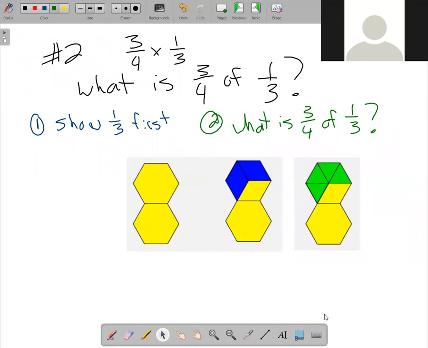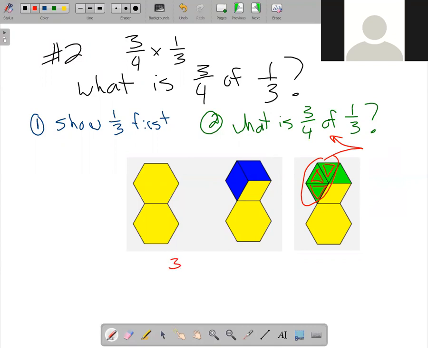And then, let's see, 3/4 of that would be this one here, and that one there. So this region right here meets that 3/4 of a third.